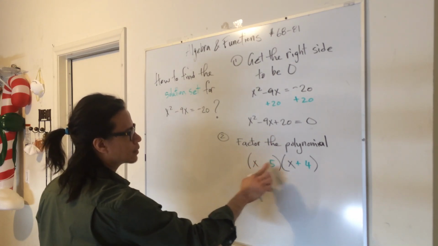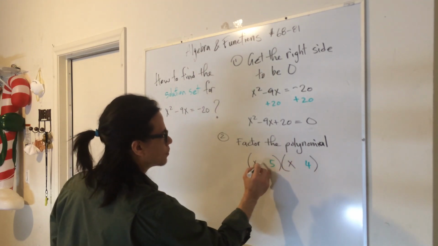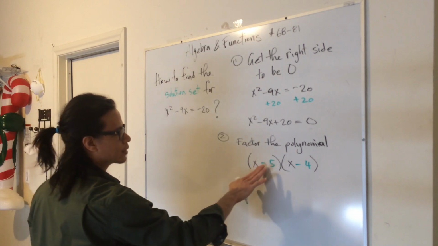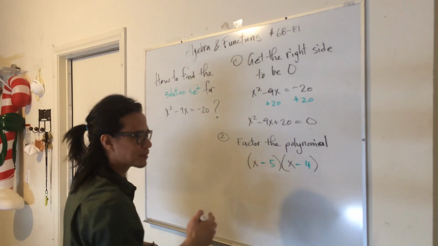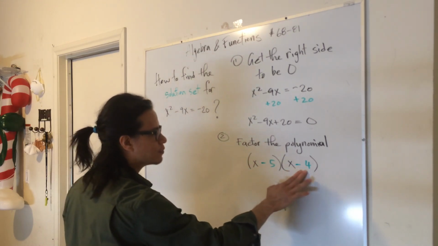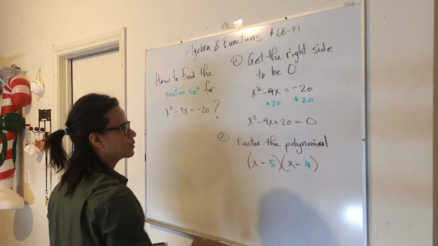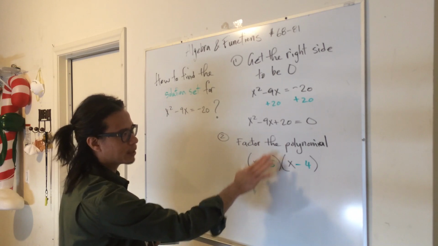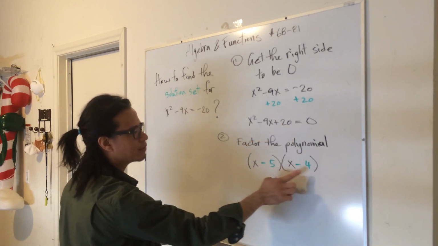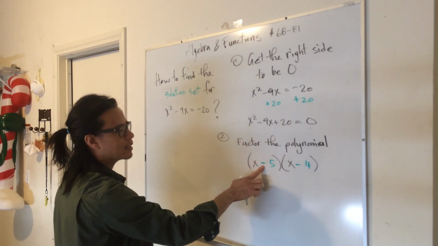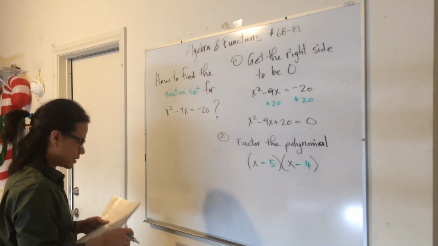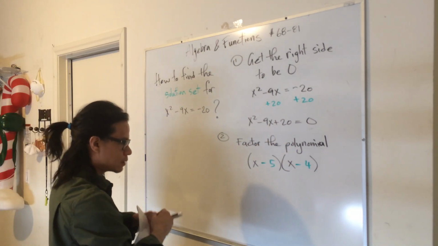So I'm going to make it minus 5 and minus 4. This way, negative 5 plus negative 4 will give me negative 9. But we need to still check to make sure that we still get positive 20. So 5 times 4 is 20. Negative times negative is positive. So we're in business. This is equal to 0.